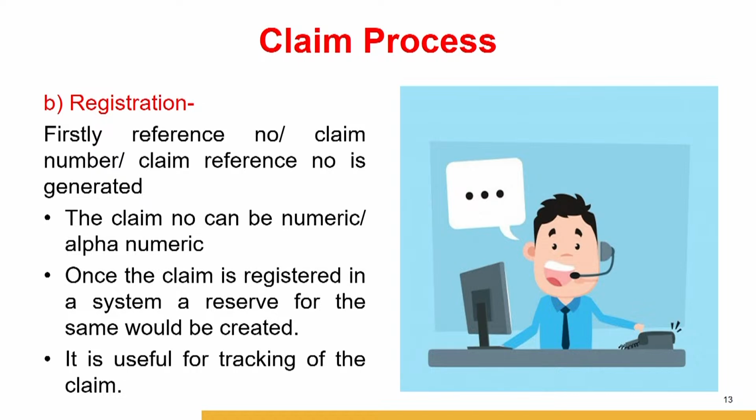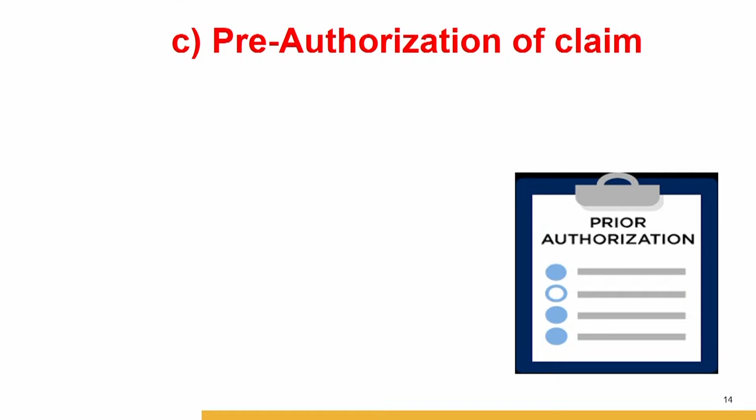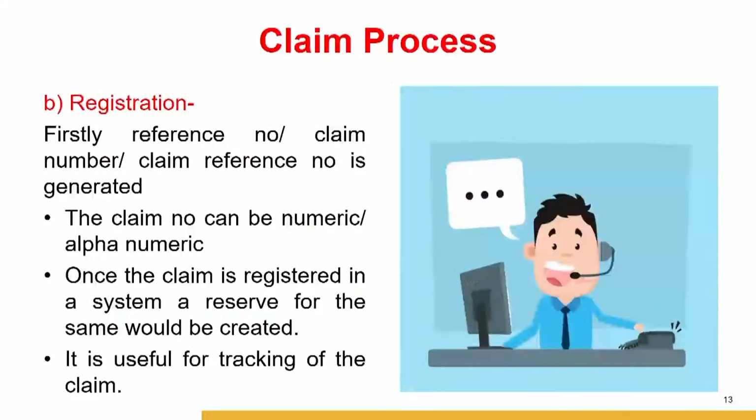Whenever you contact the claims department, you need not tell the whole story of what happened, which hospital, which day, what documents we sent. You only need to tell them the alphanumerical claim number, and the whole story will come up on the screen of the claims department and the TPA department. This saves your time and theirs, and they can simply tell you the current status. Now we'll take a short break and come back.